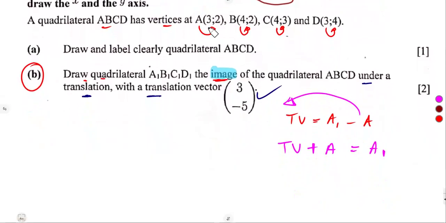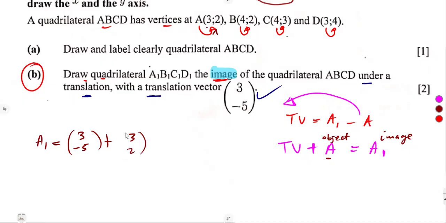The first point, A, meaning to say the image of A, we are going to have translation vector, which is (3, -5). We add its object to obtain what? The image. So the object is the point A, as it is (3, 2).